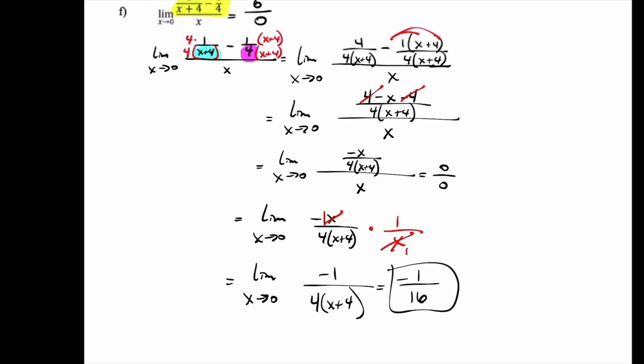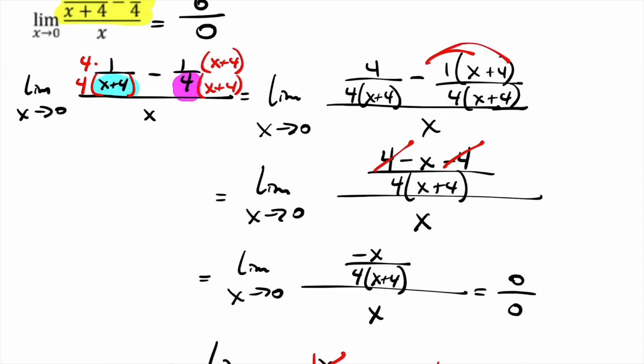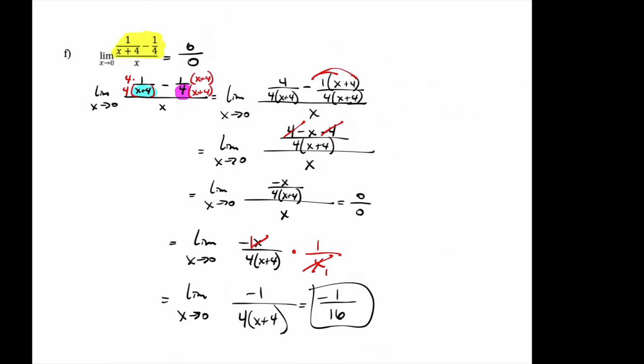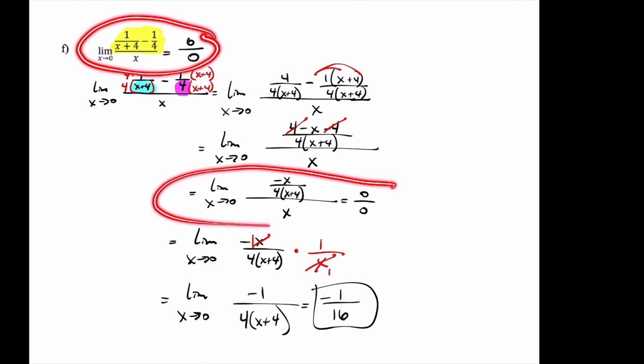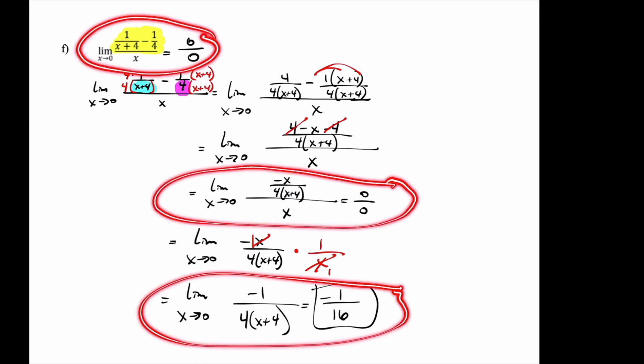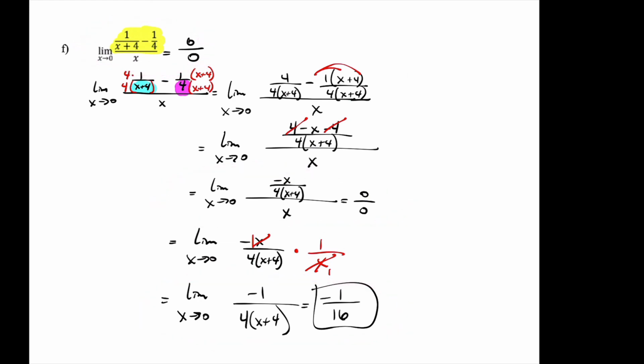Again, calculus part was right here. Plug and chug. Calculus part was right here. Plug and chug. Calculus part was right there. Plug and chug. Everything in between had nothing to do with calculus. That's algebra. That's math 1, math 2, math 3. Okay? So make sure that's one of the things we got to make sure on. Okay? Before we do anything, that's one of the things, because you're going to see these a lot.